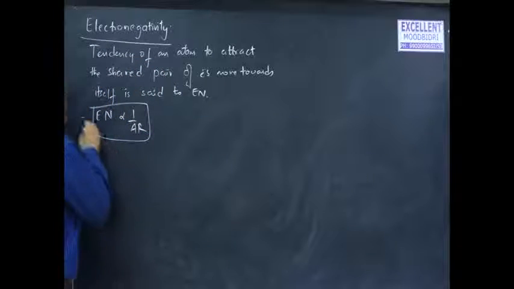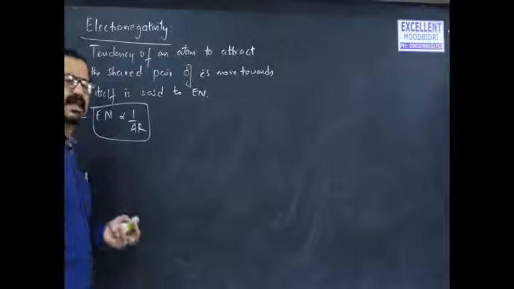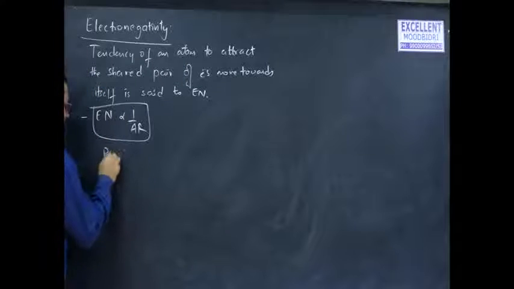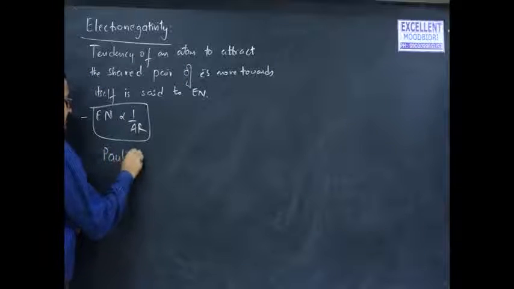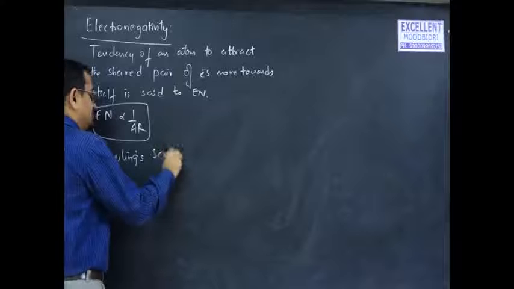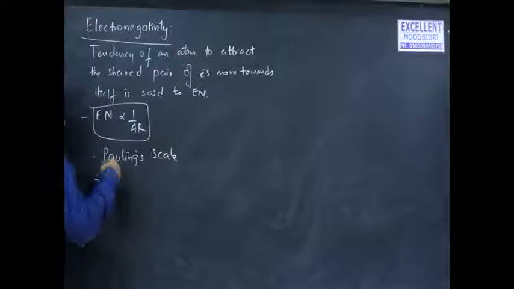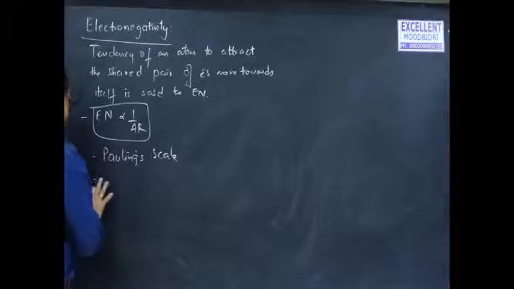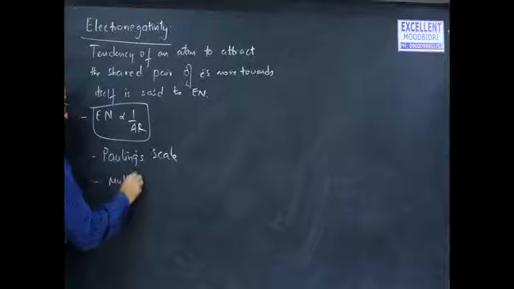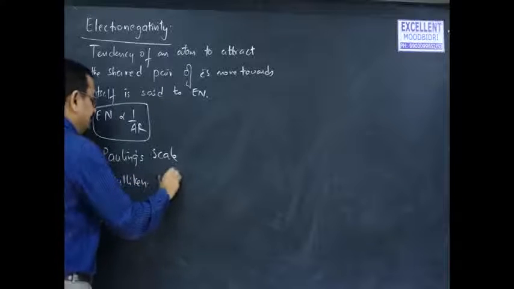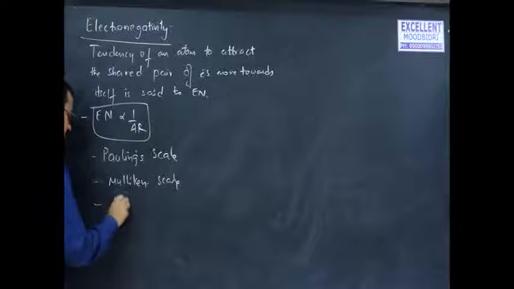This electronegativity calculation was well explained by Pauling in his Pauling scale, which was later explained in a more satisfactory manner by Mulliken's scale. The Allred-Rochow scale is also there.